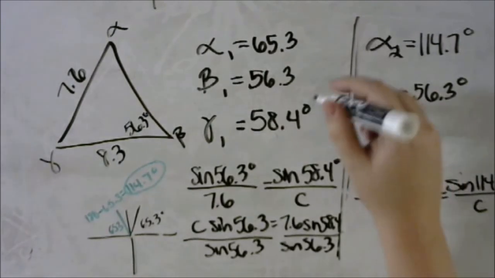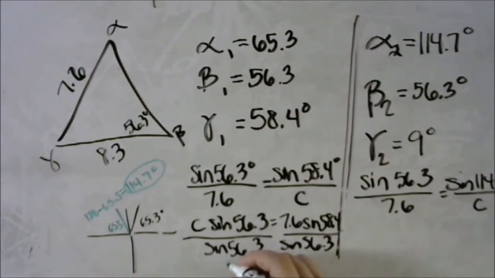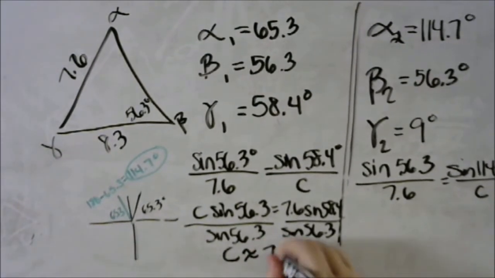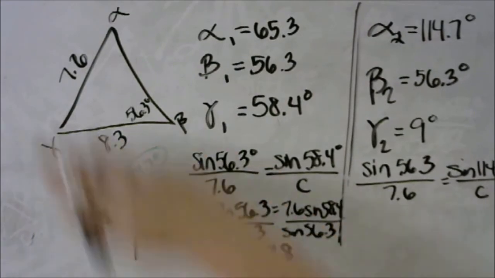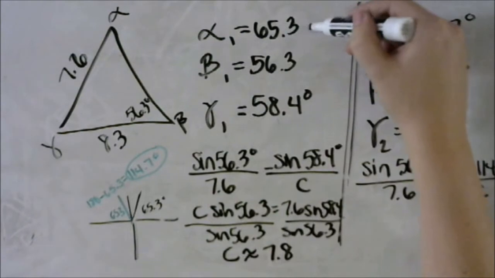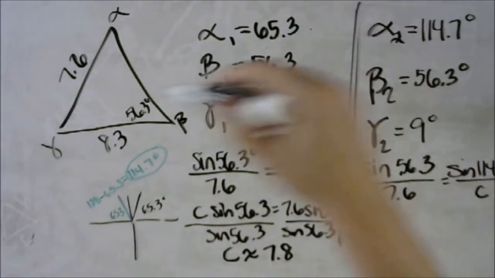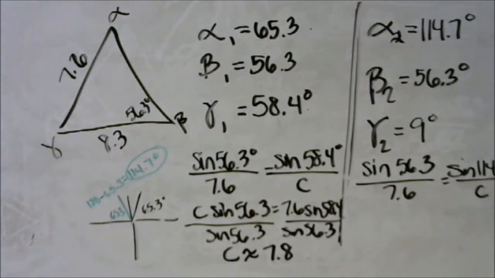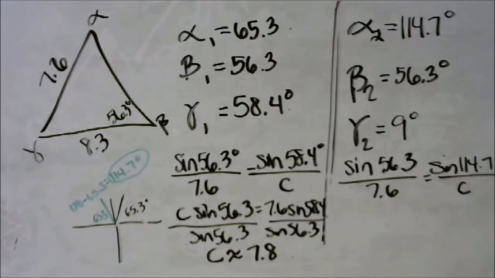And we get our first answer for C is that C is approximately 7.8. Does that fit within our triangle? We know that alpha is the largest side and largest angle. We now have gamma is the middle side and middle angle, and beta is the smallest side and smallest angle. Everything shakes out the way that it should.